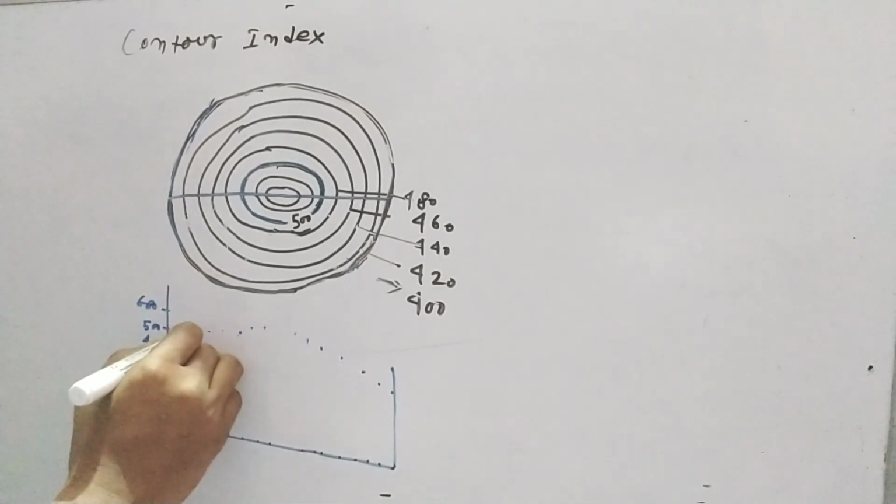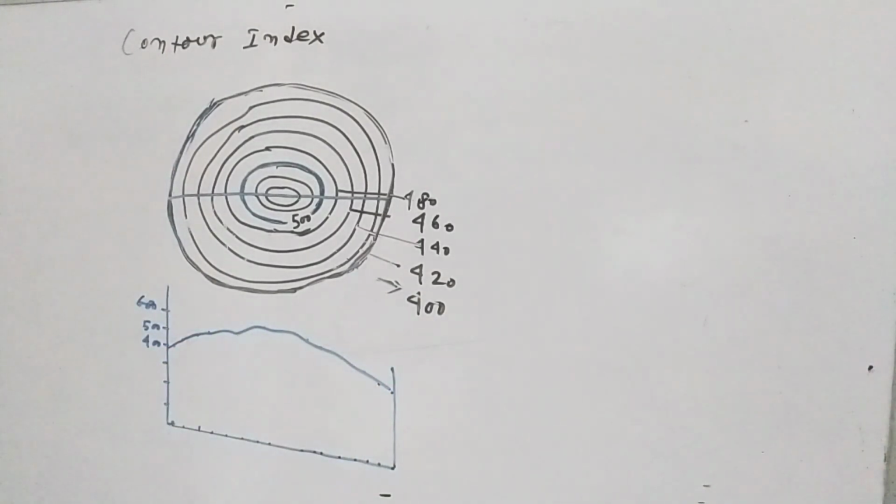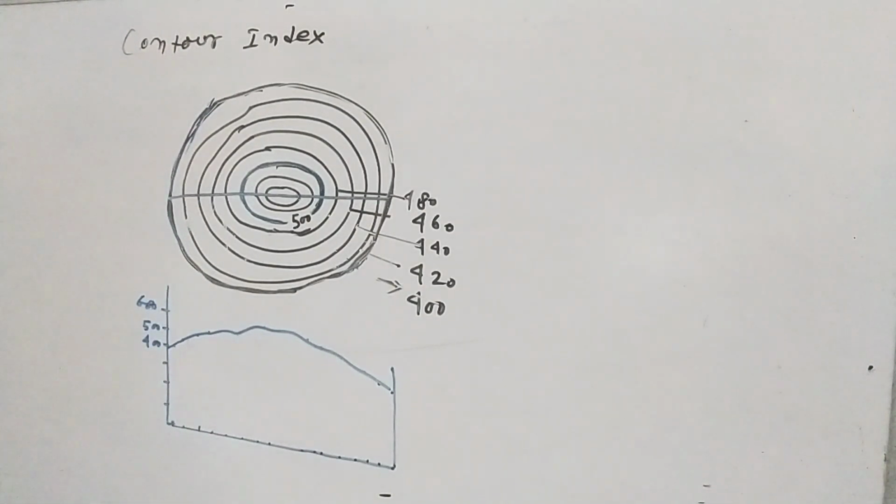And join all these points. Look, with the help of these contour index lines, we have found the heights of this landform.